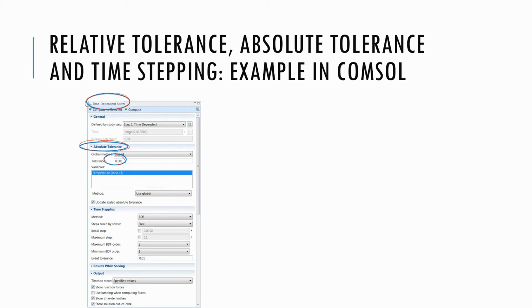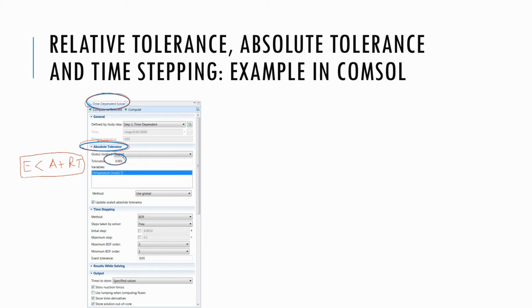Once you have put in absolute and relative tolerance, it can check whether error is less than the absolute plus relative tolerance, not exactly using this expression, but the one I showed earlier.